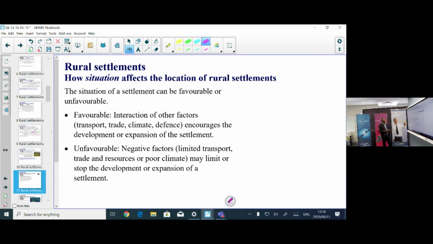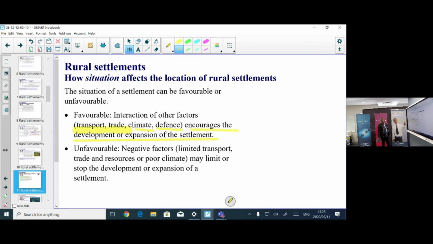The rural settlements, how situation affects the location of rural settlements. The situation of a settlement can be favorable or unfavorable. When it is favorable, we are talking of the interaction of other factors like transport, trade, climate, defense, which encourages the development and expansion of the settlement.